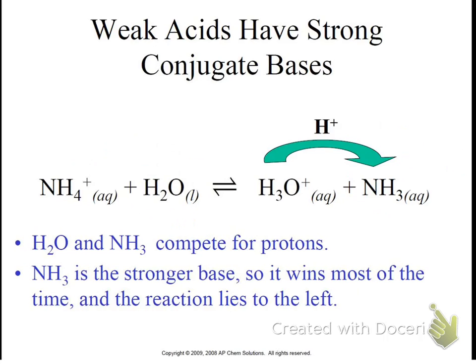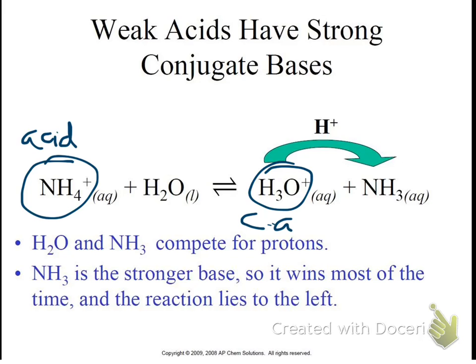If we take a look at a similar concept for a weak acid, the weak acid we're looking at here is ammonium, NH4+. H3O+ would be the conjugate acid, H2O would be our base, and NH3 would be our conjugate base.